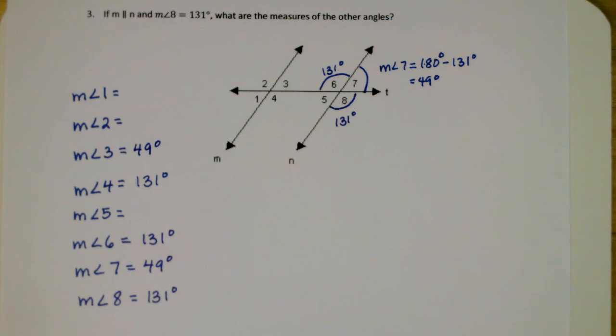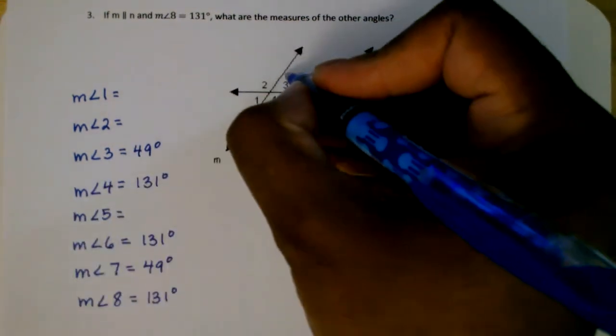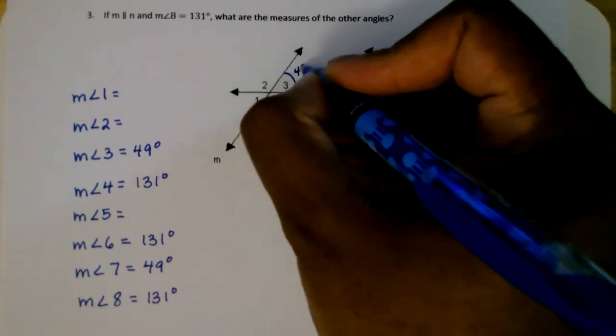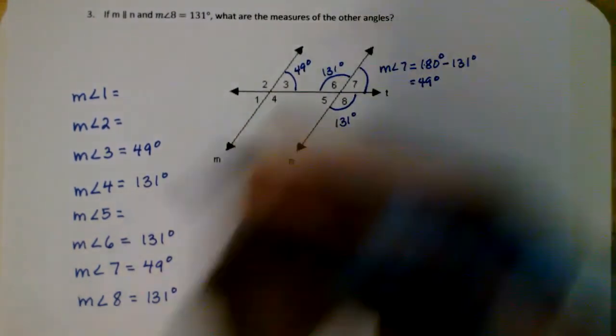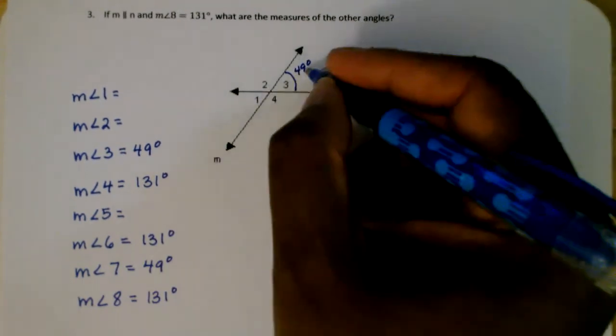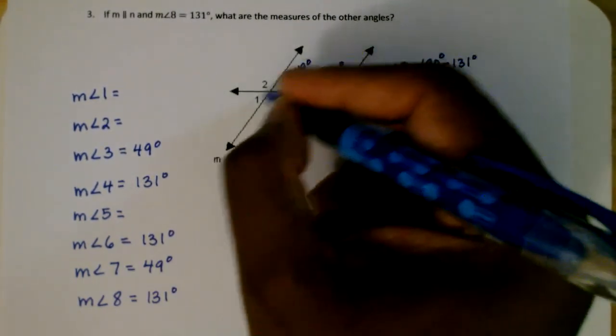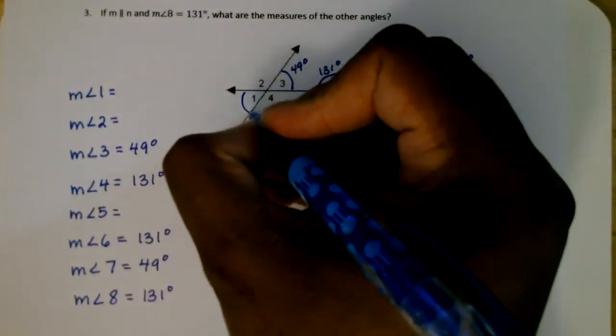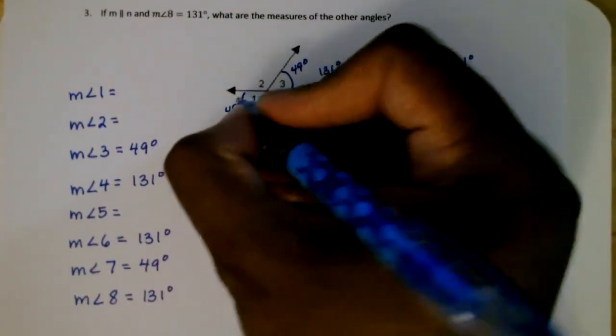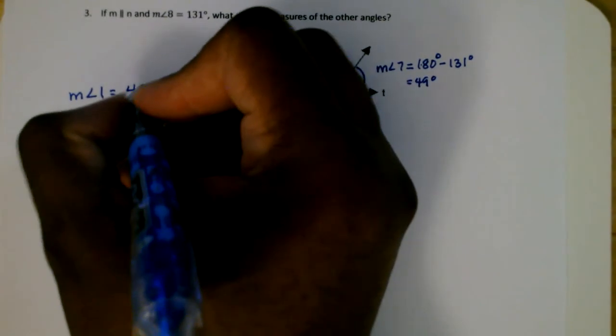I'll go ahead and mark this off. Angle 3 and angle 1 are vertical angles as well. They're congruent, so if angle 3 is 49 degrees, the measure of angle 1 must also be 49 degrees.